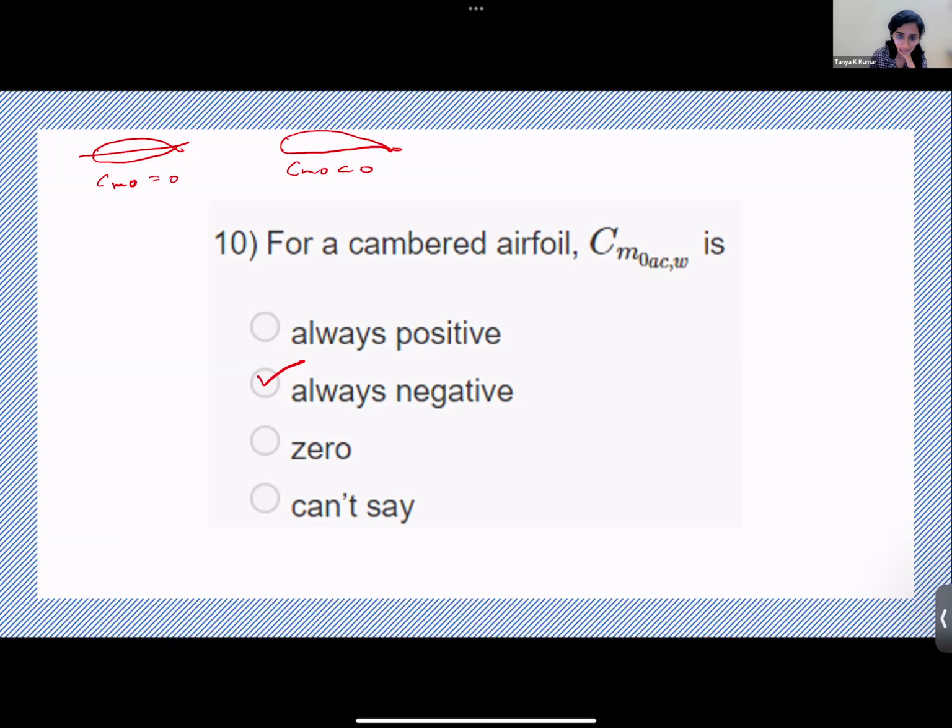Have you got the answer? Can one of you at least try to give me a reason?